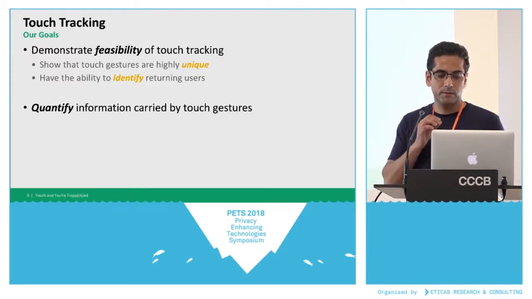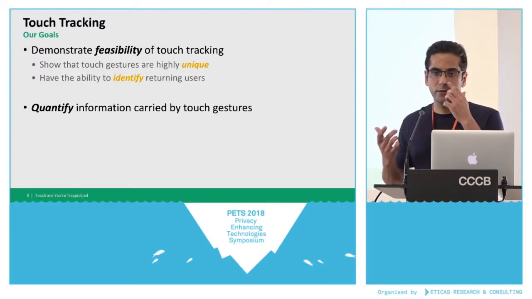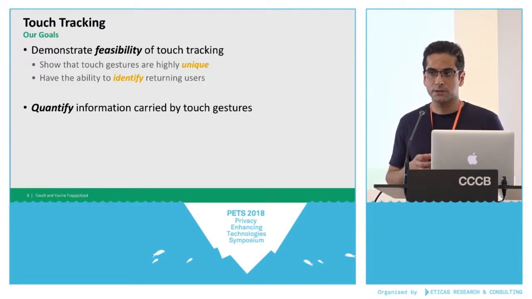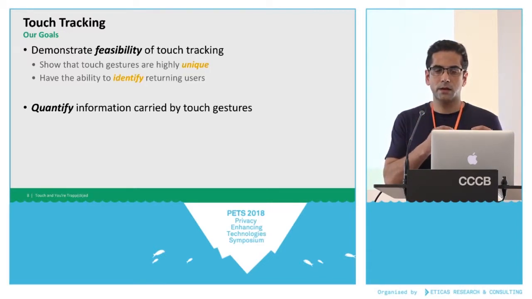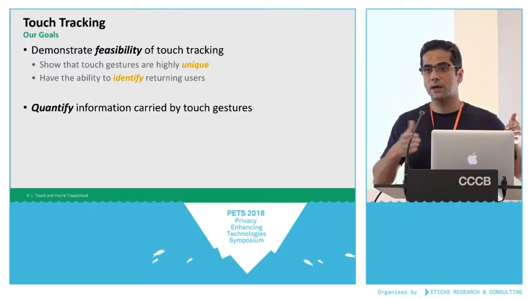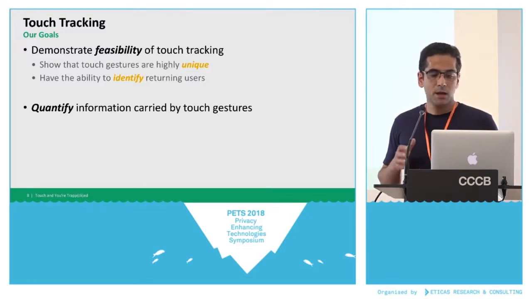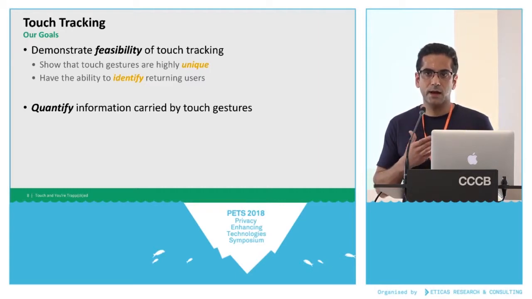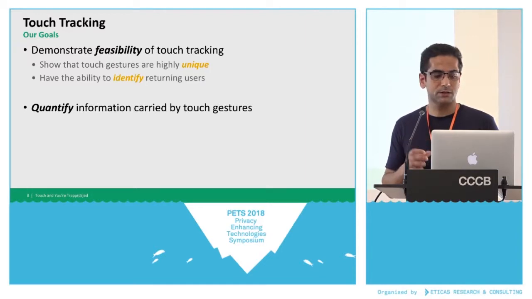Here it's a little different from tracking through other mechanisms, for instance browser fingerprinting, because a browser profile, if it's unique, is enough to track users because it remains static over different sessions. But user behavior is inherently stochastic, so there will be small variations.